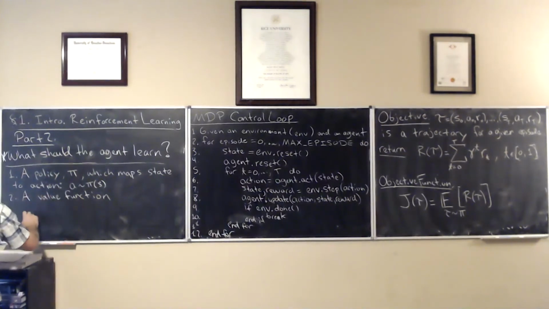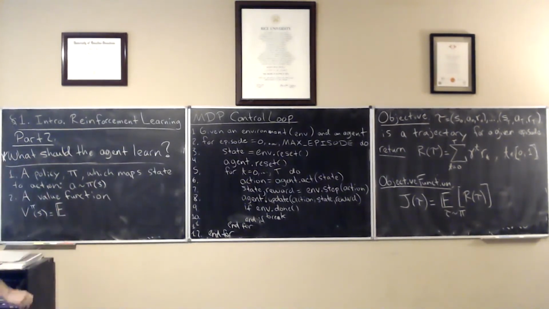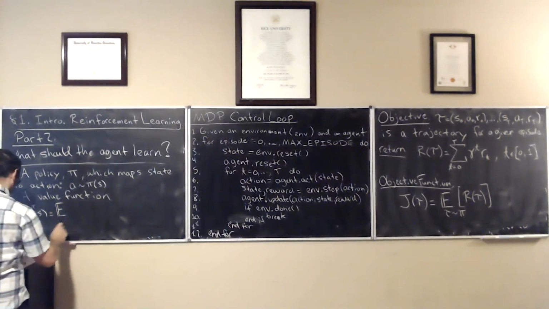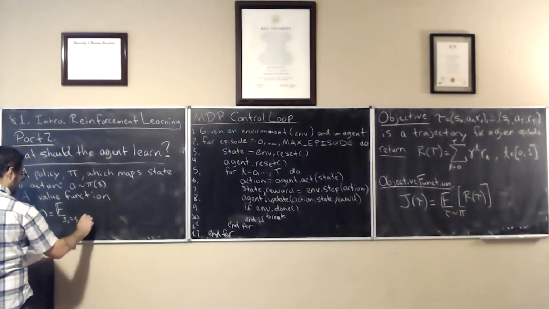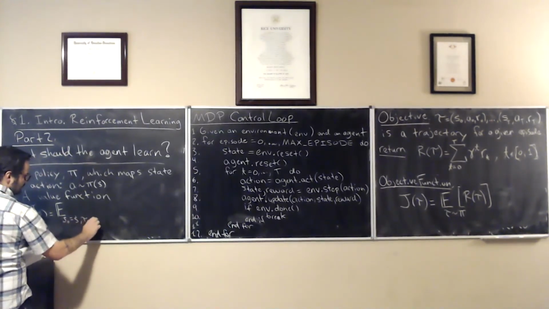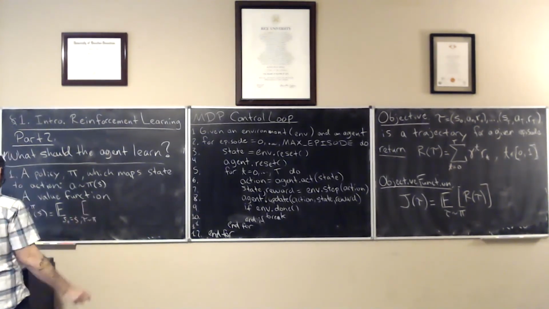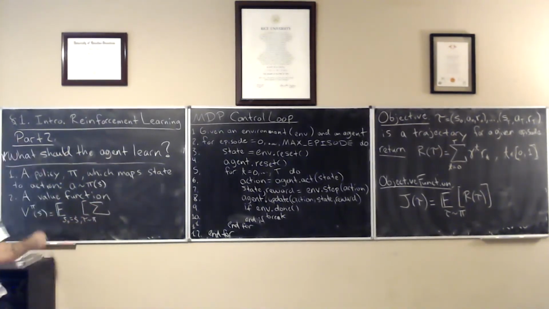So there's V superscript pi for a given state S, which is the expected return given state S. So we set S0 equal to the state that we're in, and the trajectory is taken from some distribution, sampled, and we want to look at the expected reward given that we're in that state.